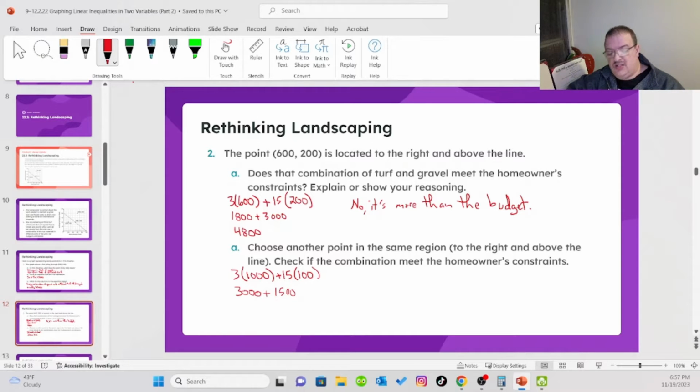And 3,000 plus 1,500 is 4,500. Again, this does not meet the constraints because this is over budget.